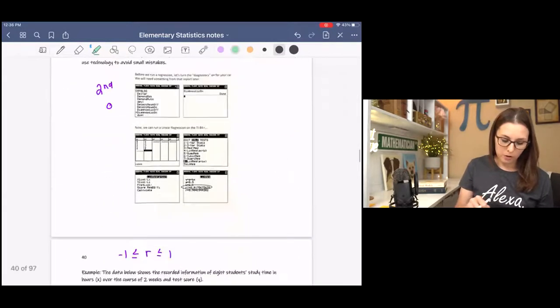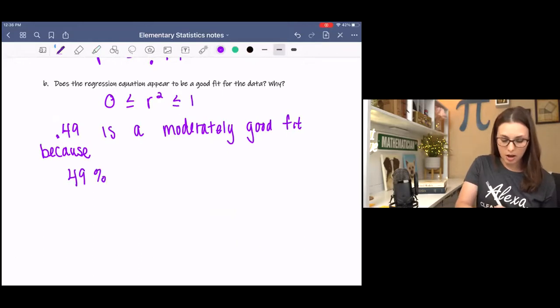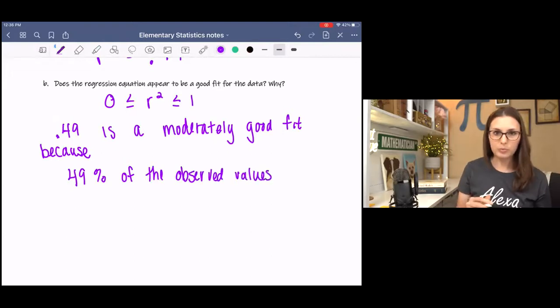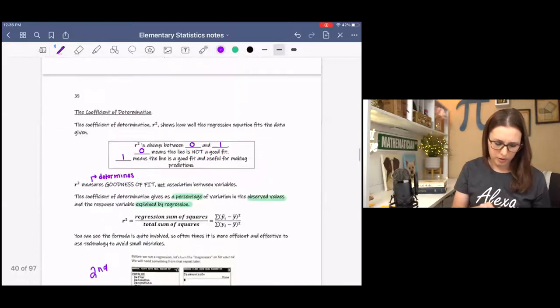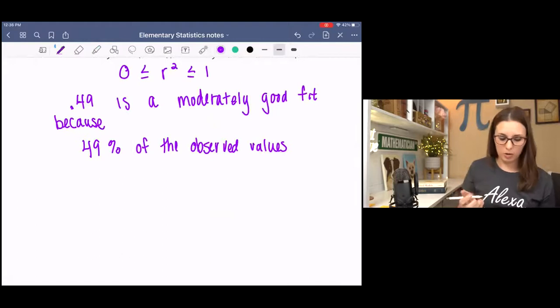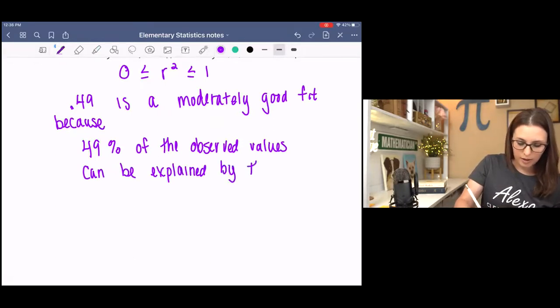So if I convert this to a percentage, then this means that 49% of the observed values, the response variable, which is the y value, can be explained by the regression equation.